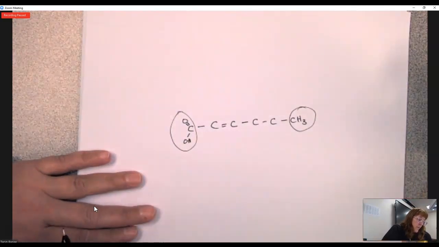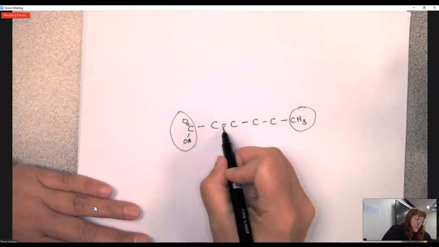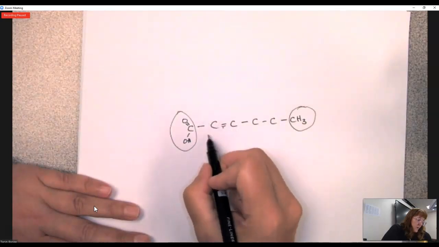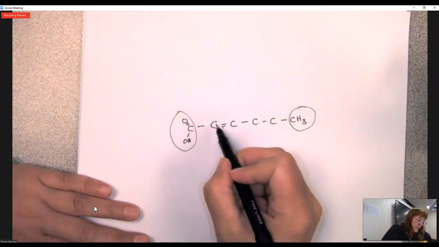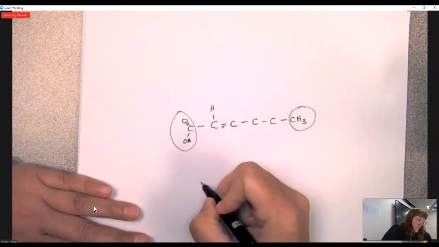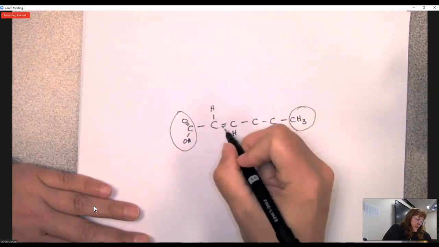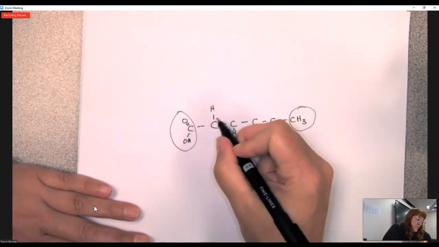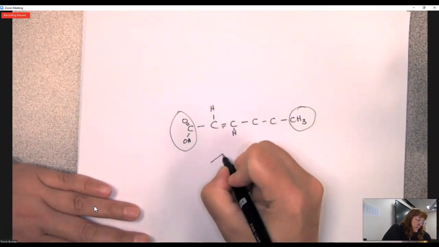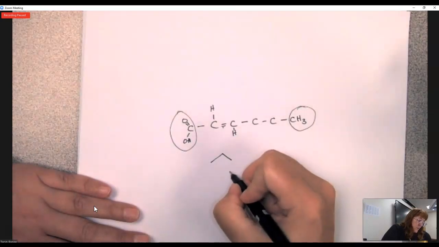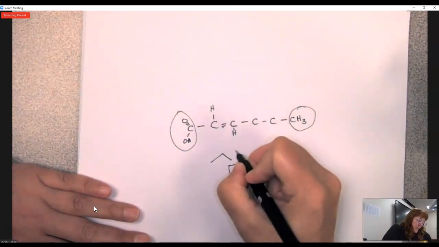We have our methyl group still, but then we put in this double bond. So that double bond takes one of the carbon bonds away from the ability to bond with hydrogen. So now we can only have one hydrogen off of this and one hydrogen over here. So this double bond actually puts a bend or a kink in the molecule. So these can no longer lay flat on top of each other.